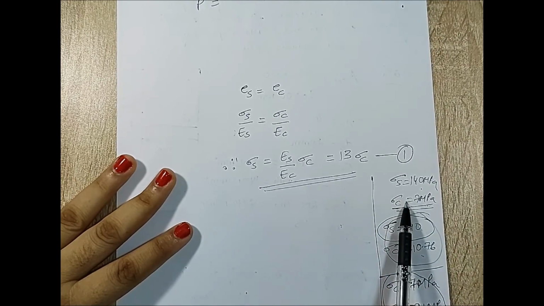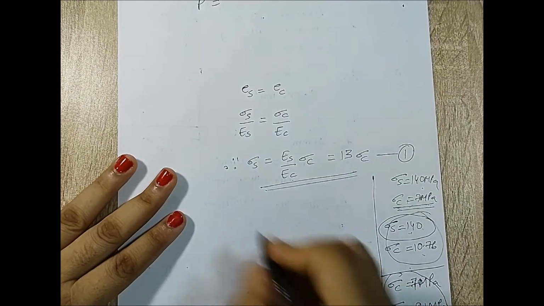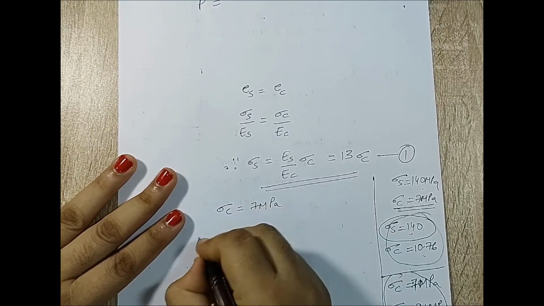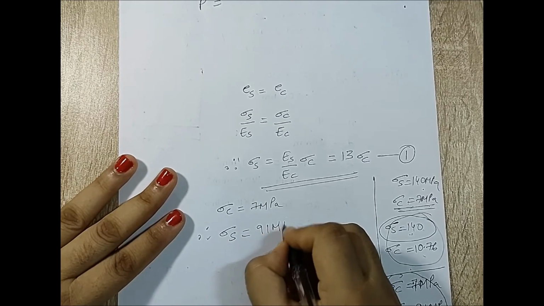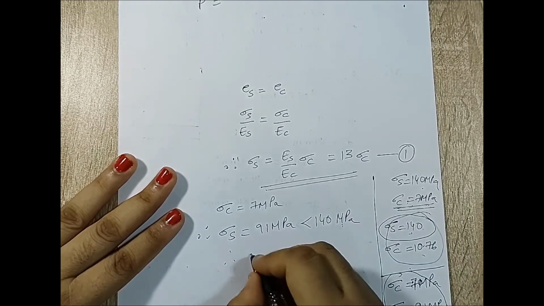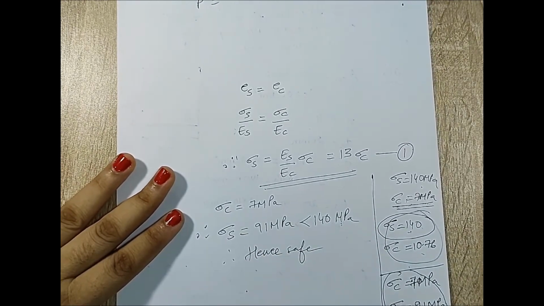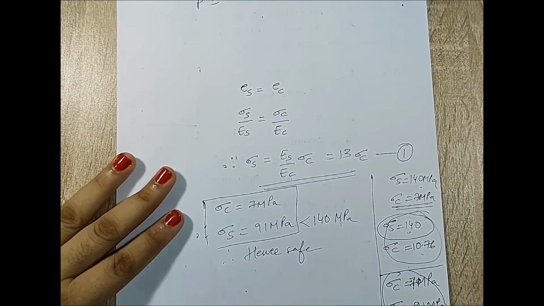That is the permissible value given to me in the question. So I will be choosing the value of sigma C as 7 megapascal, and therefore from here I get sigma S as 91 megapascal, which is less than 140 megapascal. Therefore, or hence it is safe, and I am going to assume this combination, which has to be noted.